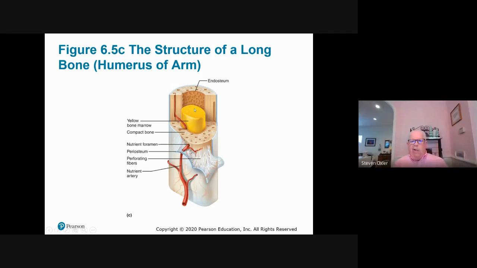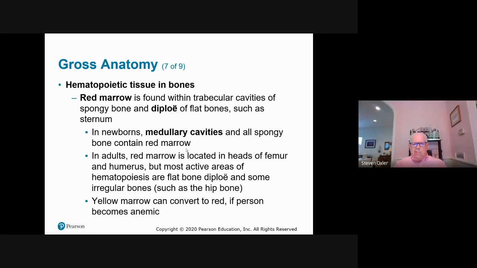Here's the yellow bone marrow. This is all fat. You can see that the bone has a very good blood supply. So what happens in the red bone marrow? Well, the red bone marrow has cells that mature to make your blood.